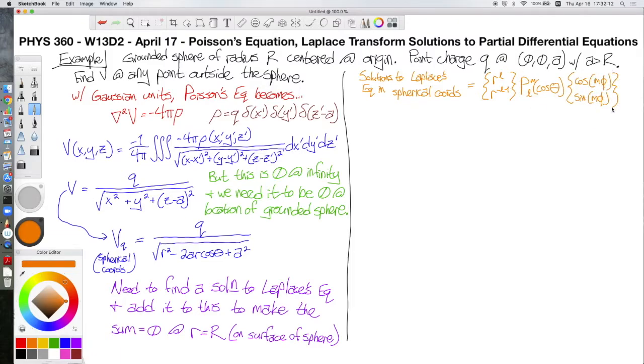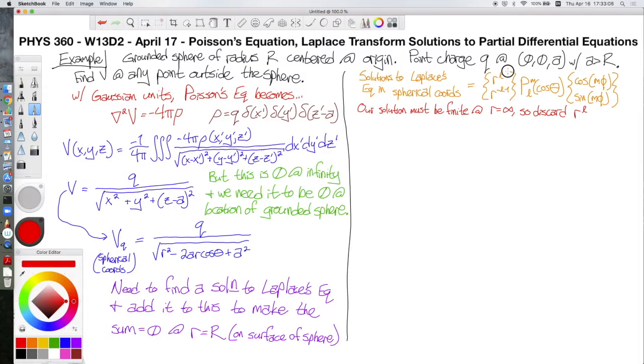And our solutions to Laplace's equation in spherical coordinates are something we found before. For the r part, we have either r to the L or r to the negative L minus 1. Then we have the associated Legendre functions of cosine of theta. Then we have cosine of m phi or sine of m phi. And we can apply some boundary conditions here. We want to know the potential everywhere outside the sphere, which means our solutions must be finite at r equals infinity.